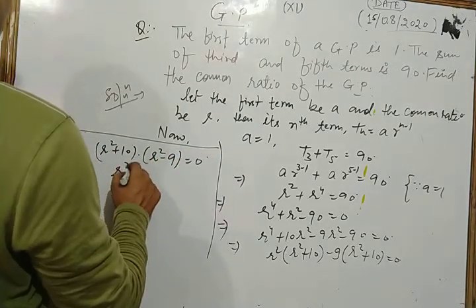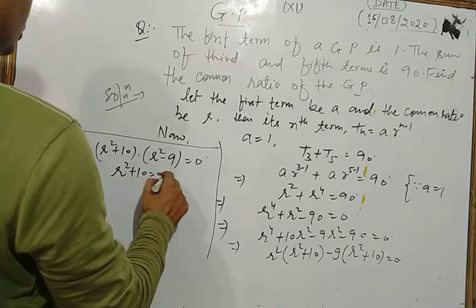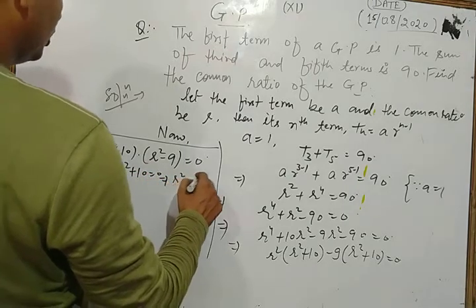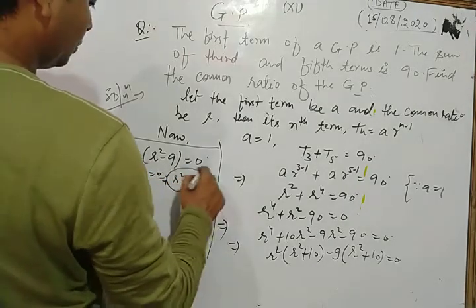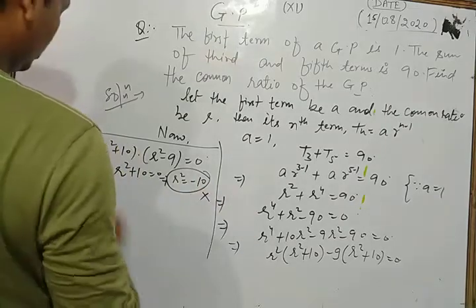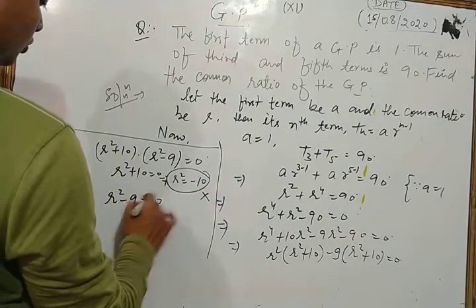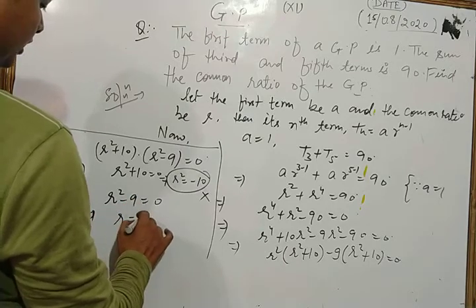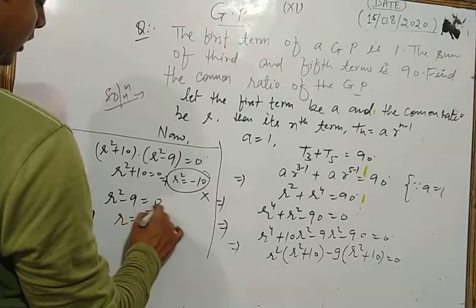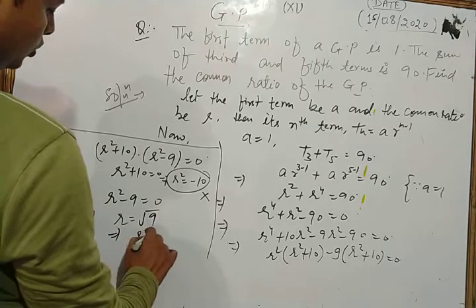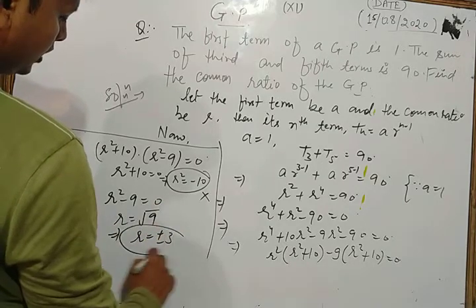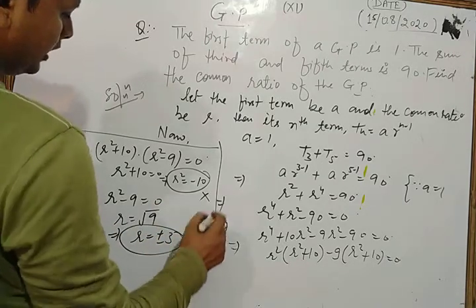If R square plus 10 is equal to 0, then R square is equal to minus 10, which is not possible; this is an imaginary value. If R square minus 9 is equal to 0, then the common ratio is the square root of 9, that is R is equal to plus or minus 3. This is our required answer.